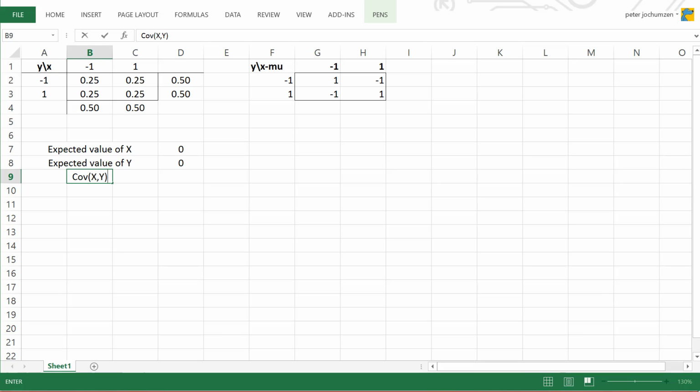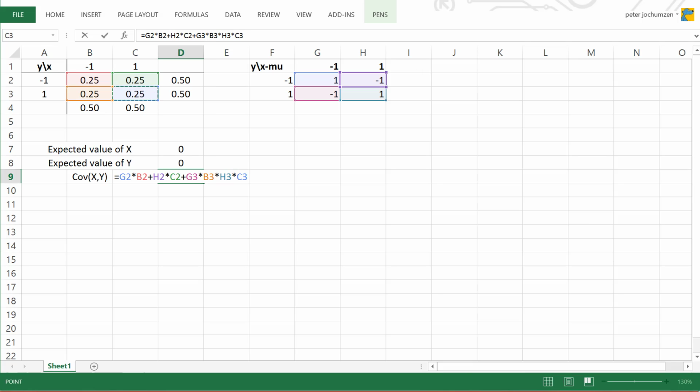It's the weighted average of these four numbers. So I take this number, weigh it with this probability, plus this number, weigh it with this probability, plus this number, weigh it with this probability, and the final one, weigh that with this.